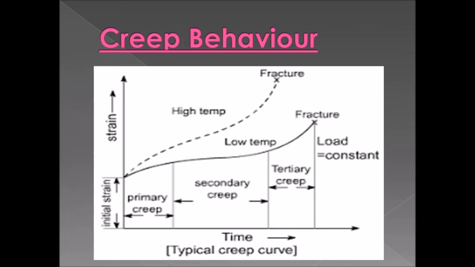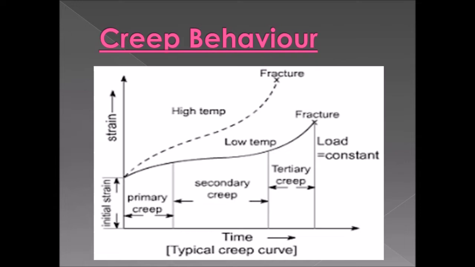So that's why we have added creep behavior here, because if we are going to test it clinically, we'll see that when we apply a load, the primary deformation will occur. But now we are not applying other load, we are maintaining that load only.